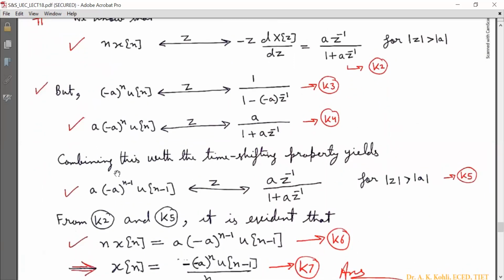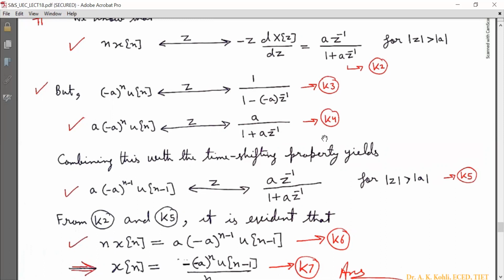Now, combining this with the time shifting property yields a(-a)^(n-1) u[n-1] as the sequence, then its Z transform is a z^-1 divided by 1 + a z^-1.